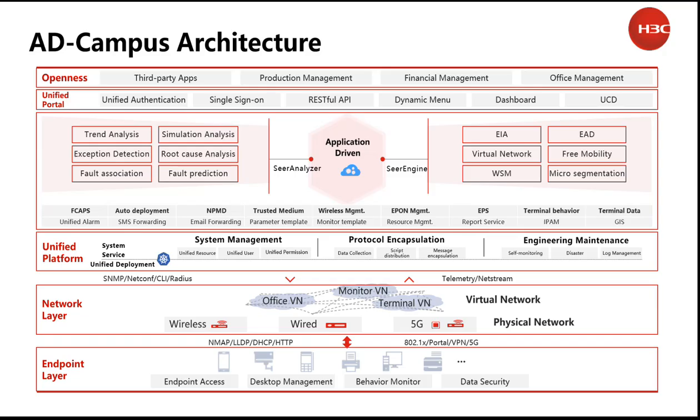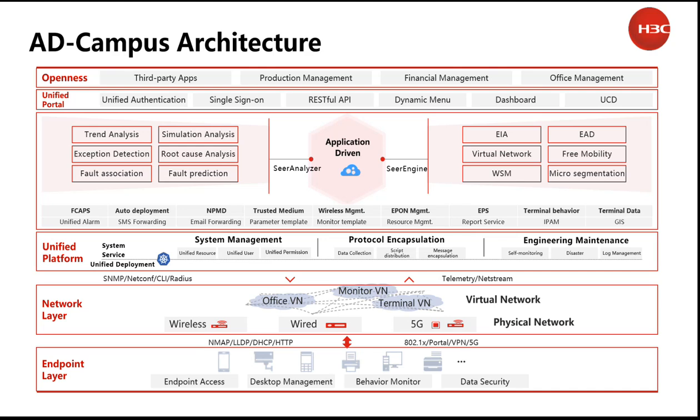Then we have the unified platform, one platform to service all the needs for your campus, be it your management of your network, your control of your network, and even the analyzing of your network. And built onto that is the SEER analyzer and the SEER engine.